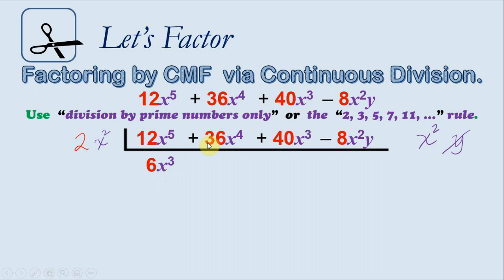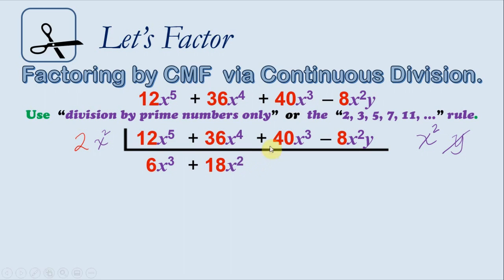Next, dividing 36 by 2 gives us 18. X to the fourth divided by x squared cancels x squared from x to the fourth. Thus, x squared will remain. It's like subtracting exponents 4 minus 2 to give us 2.